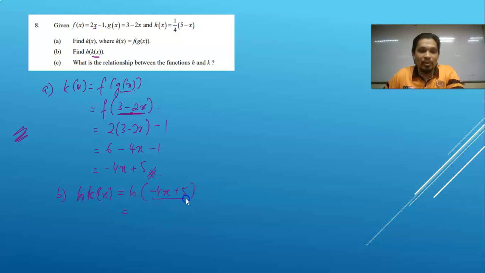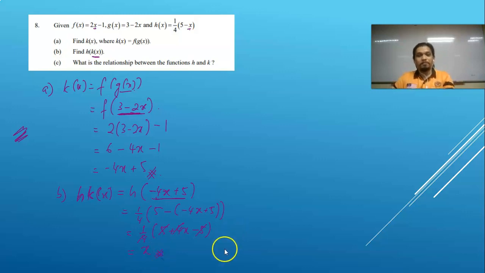Now, substitute the whole function of this into an x of the function h. This one here. So, it is 1 over 4, 5 minus, now x, substitute with this one here, -4x plus 5. Okay, so 1 over 4, 5, negative times negative, positive 4x, negative times positive 5, minus 5. 5 minus 5 equal to 0. Then 1 over 4 times 4x. So 4 divided by 4 equal to an x.